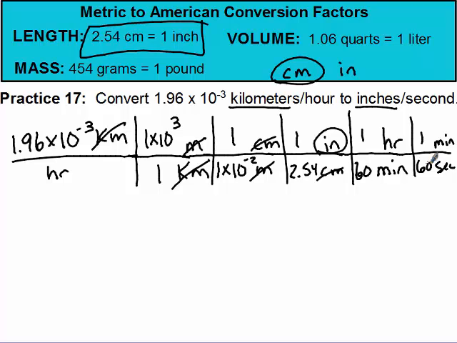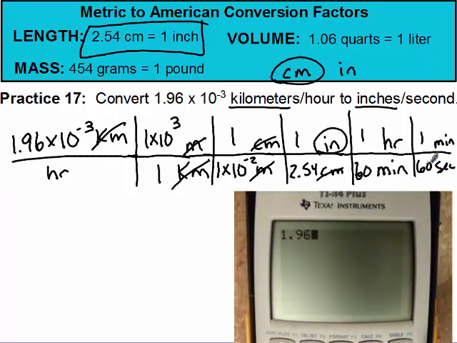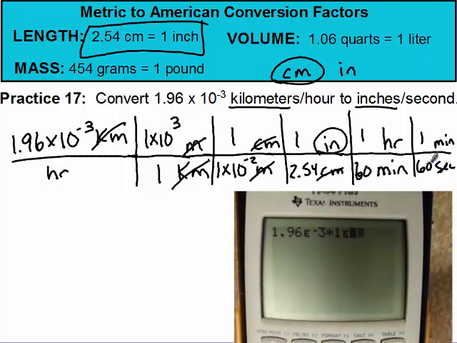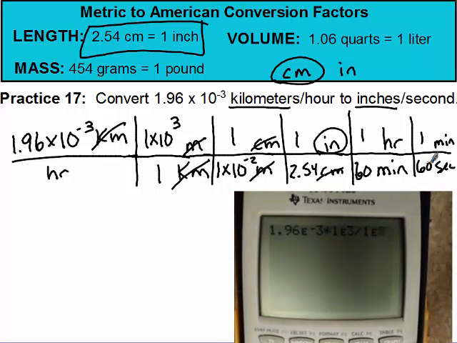Now we can plug that in the calculator. It should be 1.96 times 10 to the negative third times 1 times 10 to the third divided by 1 times 10 to the negative 2 divided by 2.54 divided by 60 divided by 60.